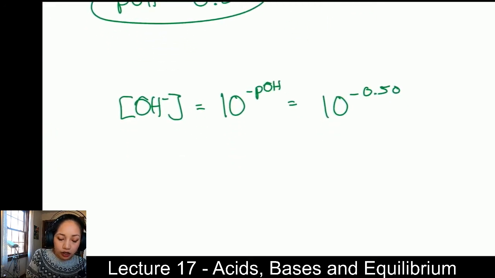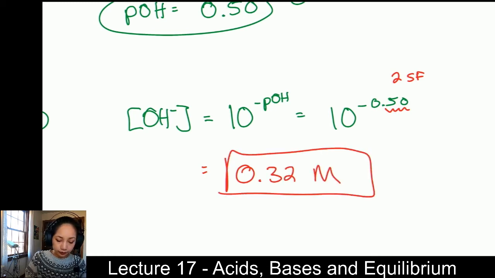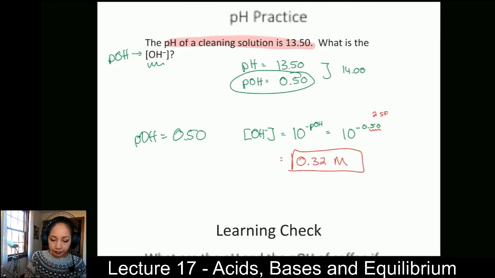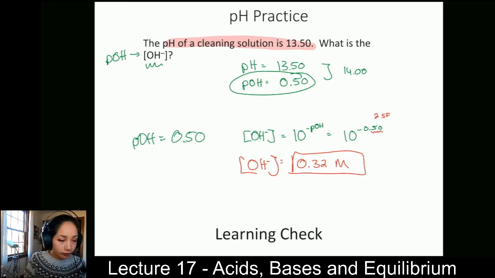You see here for sig figs, there's 2 decimal places in our pH, so there should be 2 sig figs in our answer. So the hydroxide concentration will be 0.32 molarity.